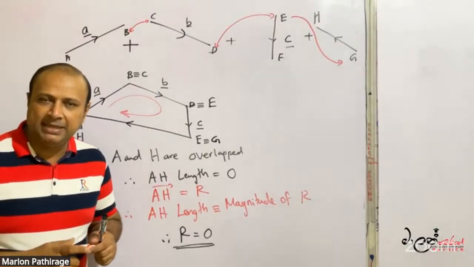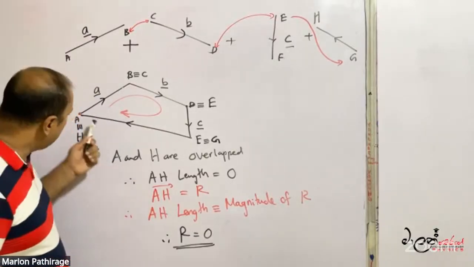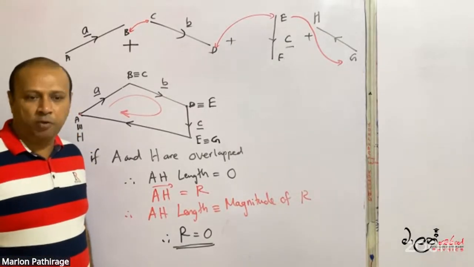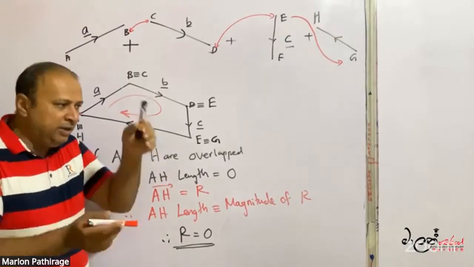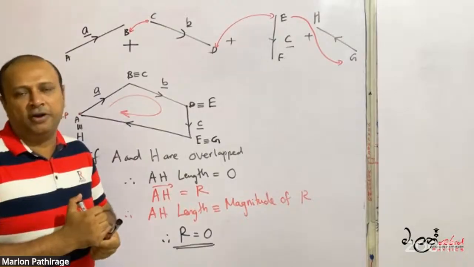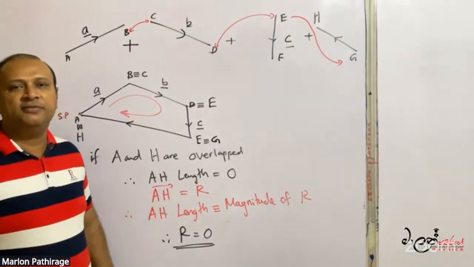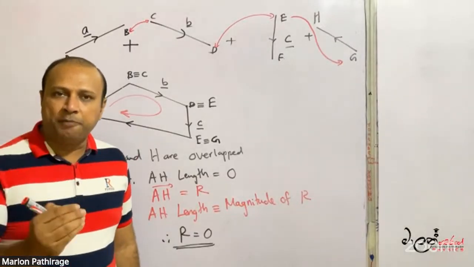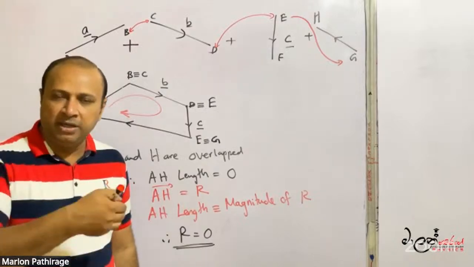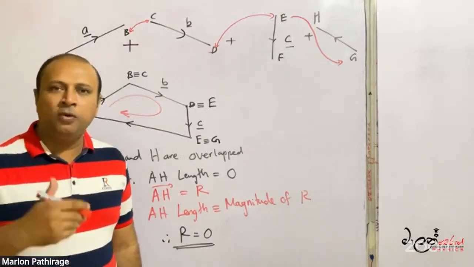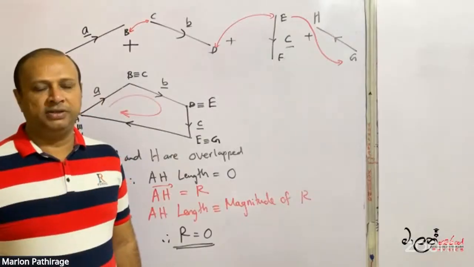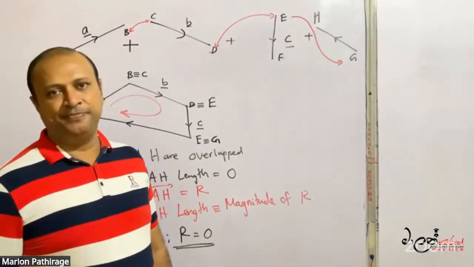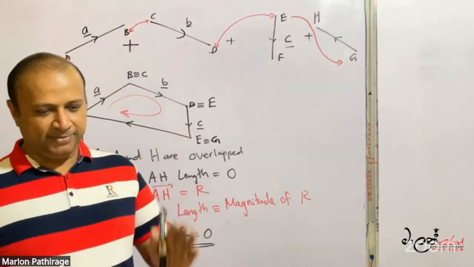That means there's no gap between the initial starting point and the final end point. Definitely the resultant force should be zero. So when you apply the vector addition principle in a question, and if you get a closed loop, the resultant force of that force system should be zero. Is that clear?